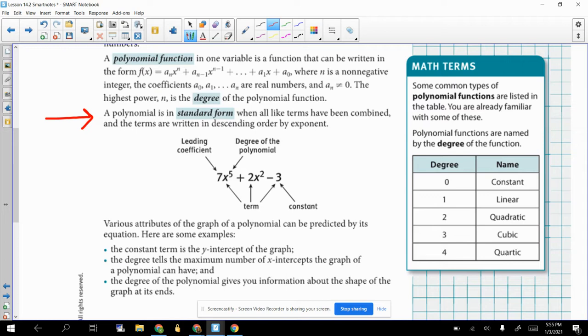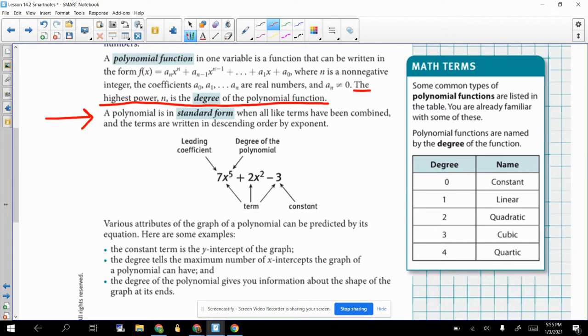Okay, so you'll never see like an x squared in front of an x cubed. That's not correct. That's not standard form. Okay. But something else that's important to note here is that the highest power or exponent, n, is the degree of the polynomial function. Okay, so that's another important piece there.